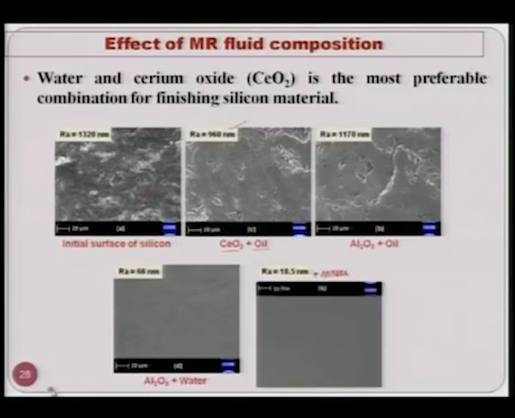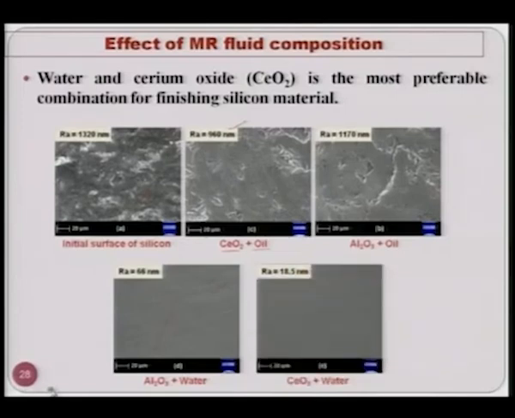And then in place of alumina, because alumina is the harder abrasive particle, we used cerium oxide as the abrasive and water as the base medium, and you can see the difference between the left hand side figure at the bottom and right hand side figure at the bottom. The surface roughness value in this particular case is 18.5 nanometer, on the left hand side it is 66 nanometer, and it has some scratches also. On the right hand side there are no scratches. So, you can see clearly the qualitative difference between the two surfaces.